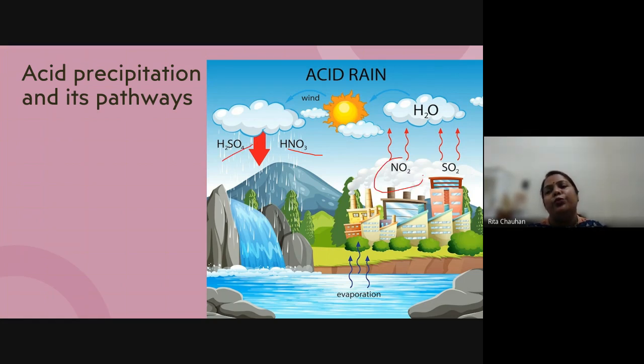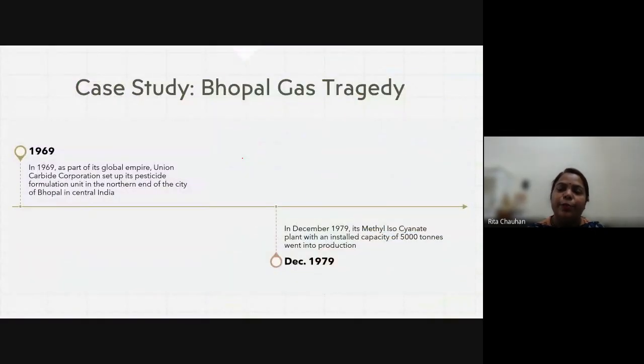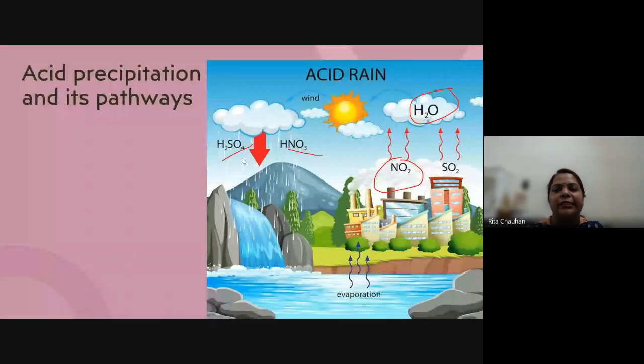So NO2 plus water will form nitric acid and SO2 plus water will form sulfuric acid. These are very strong acids and they come down along with the rain. So this will be called acid rain.